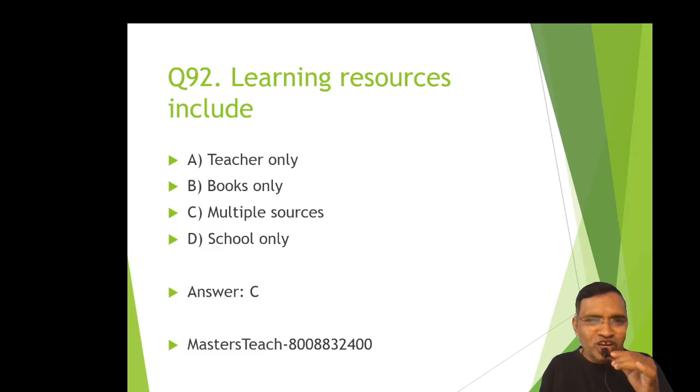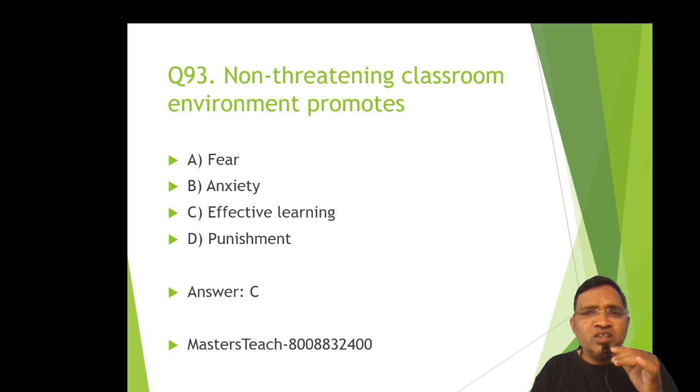Learning process includes A. Teacher only, B. Books only, C. Multiple sources, D. School only. So learning resources include multiple resources. Answer C. Then non-threatening classroom environment promotes A. Fear, B. Anxiety, C. Effective learning, D. Punishment.